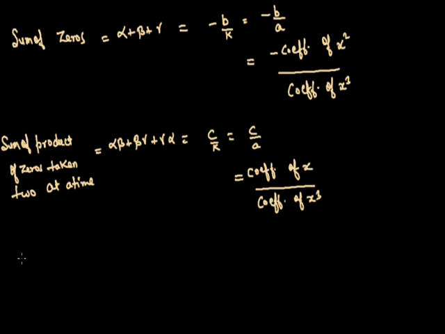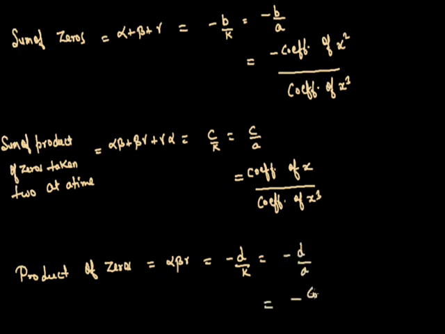Now product of zeros, alpha beta gamma, is equal to minus d by k, or we can say minus d by a. So d is the constant term, so it is minus of constant term upon coefficient of x cube. So these are the relationships between zeros and coefficients of a cubic polynomial.